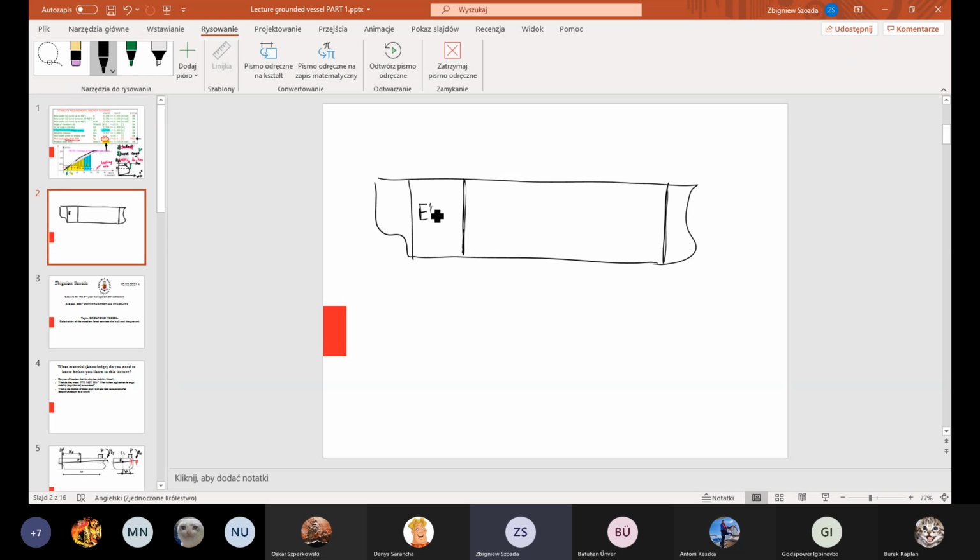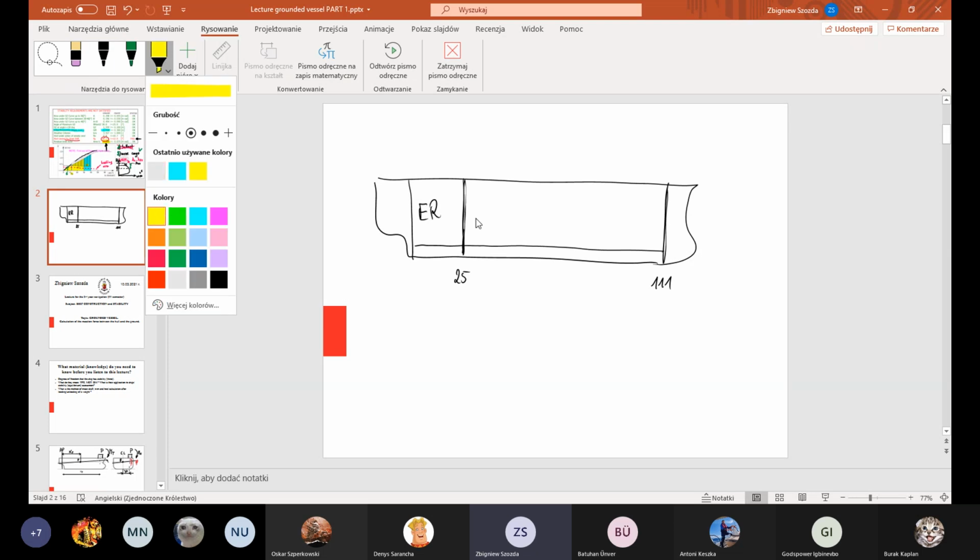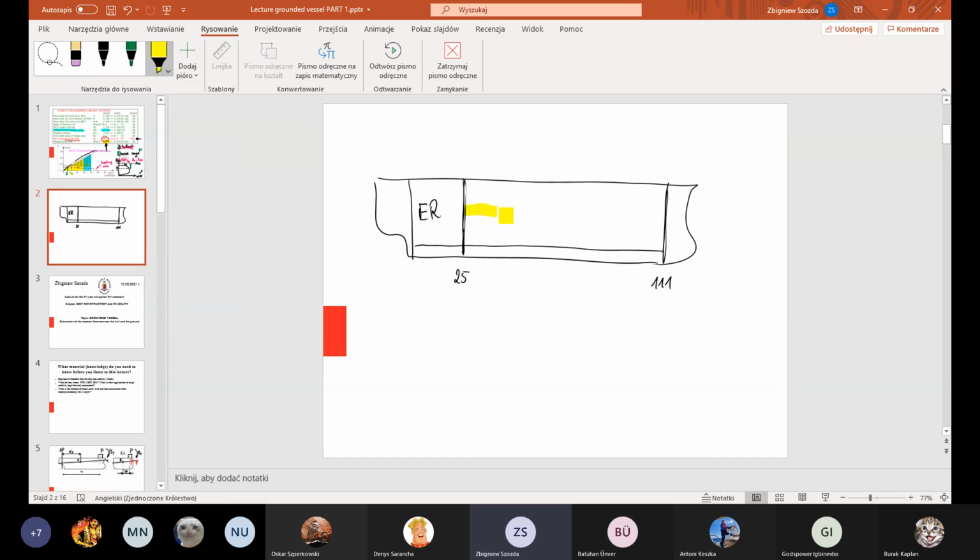Here is the engine room, double bottom, and here was frame number 25 and frame number 111, and the space between those two frames was available for the cargo, and the cargo was filled in with grain in bulk to some extent.